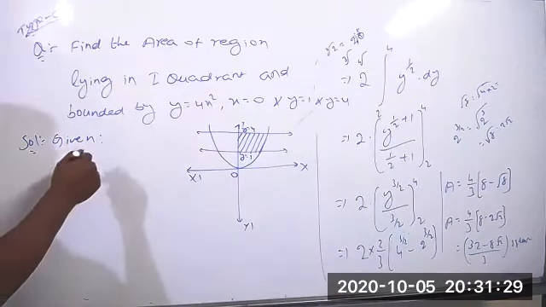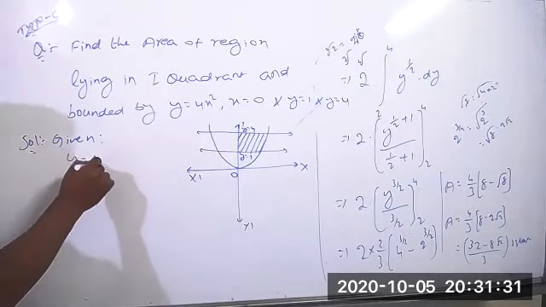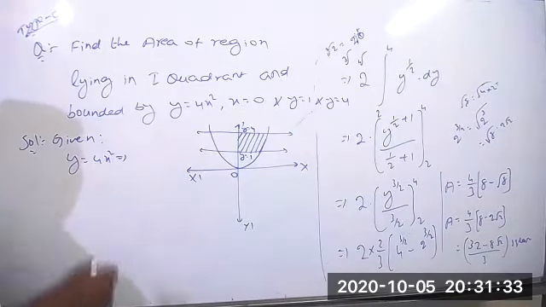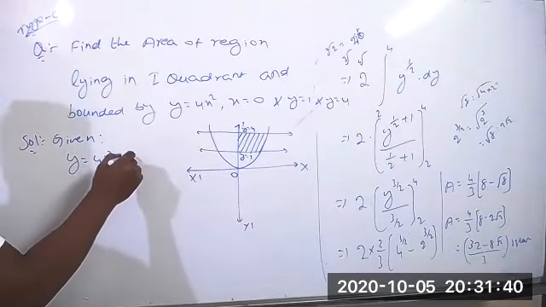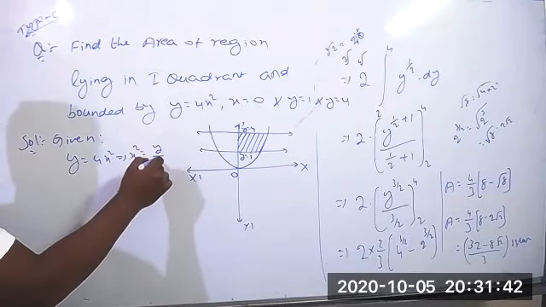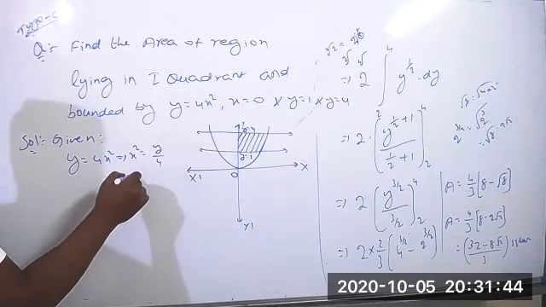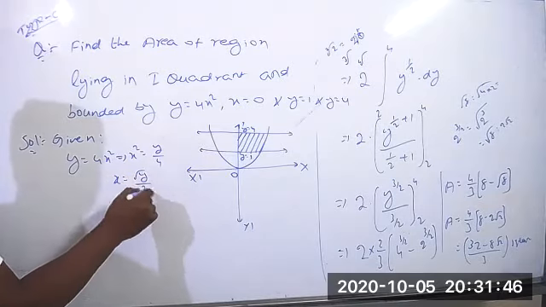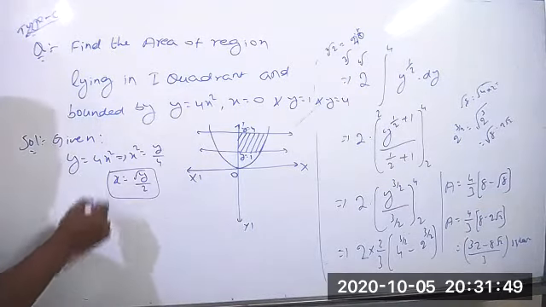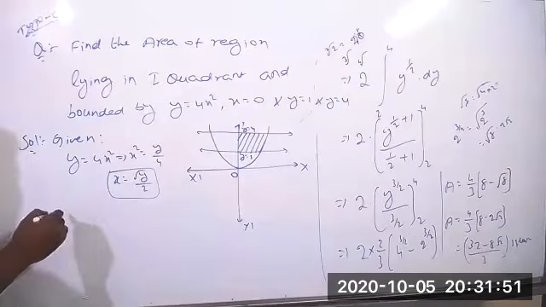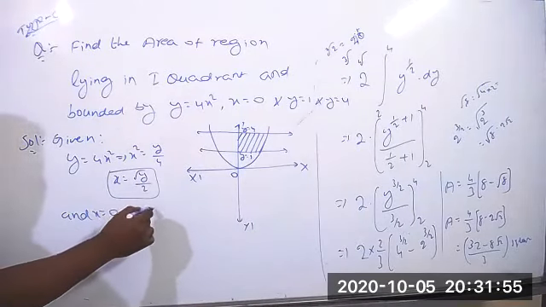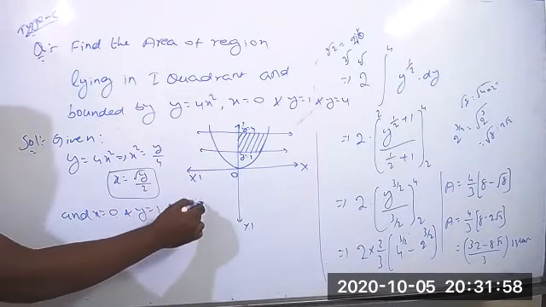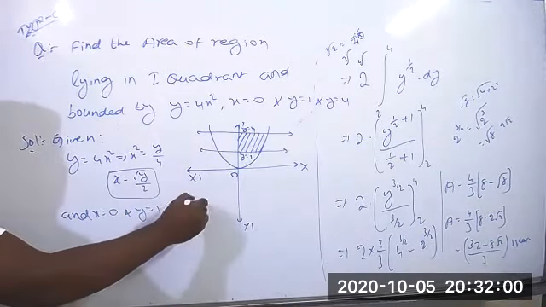Okay. Now I can write. Given curve, we can write y equal to 4x square. That limits we are taking on the y-axis, so what is required now? X into dy required. So find the value of x. So x square equal to y by 4. So the value of x equal to root y by 2. And x equal to 0 and y equal to 1 and y equal to 4 is given. Already we drew the graph also.